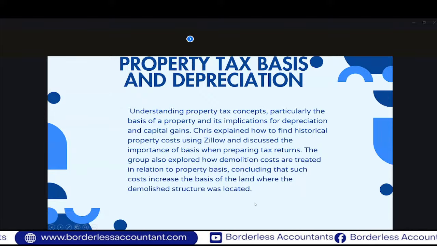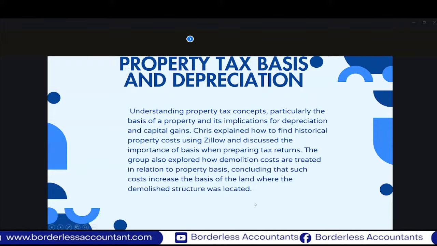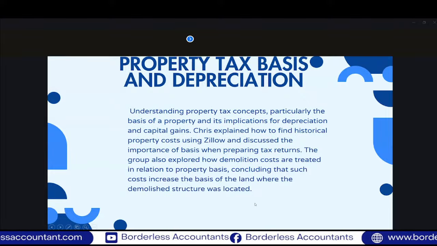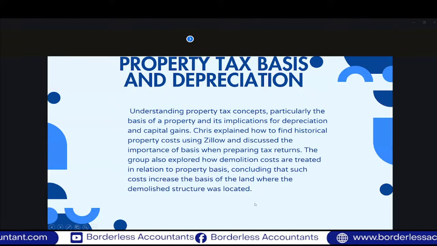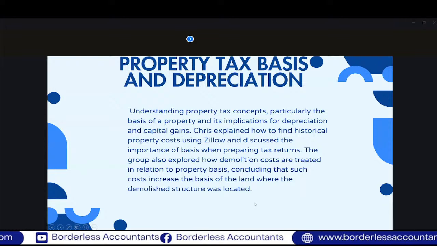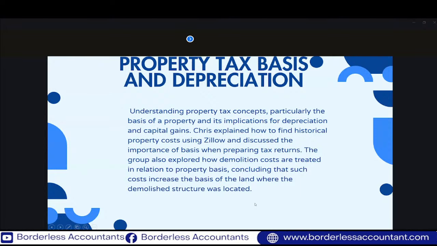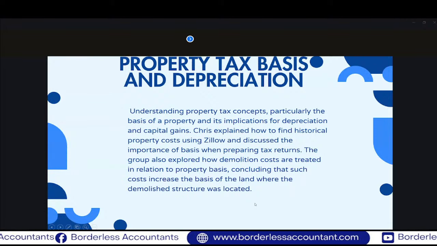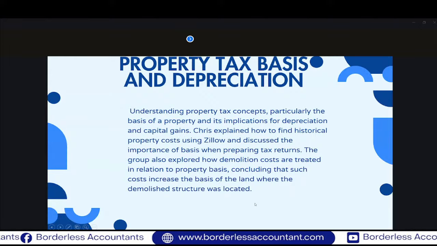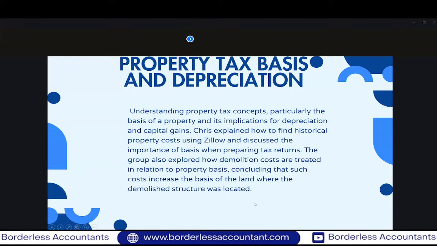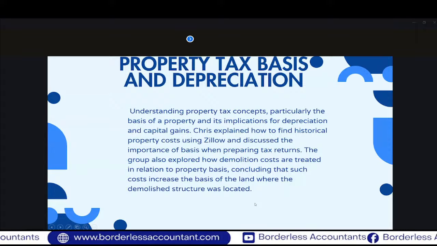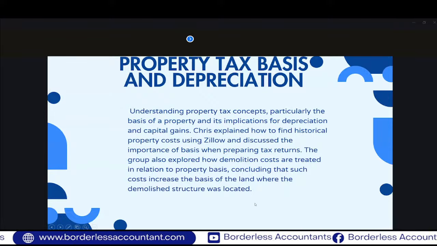Moving on, demolition costs and property basis. Before demolition, the land is non-depreciable. The building is a depreciable asset, which you can depreciate. Upon demolition, any demolition expense such as labor, permits, and disposal would increase the land basis, since they are now part of making the land ready for future use.